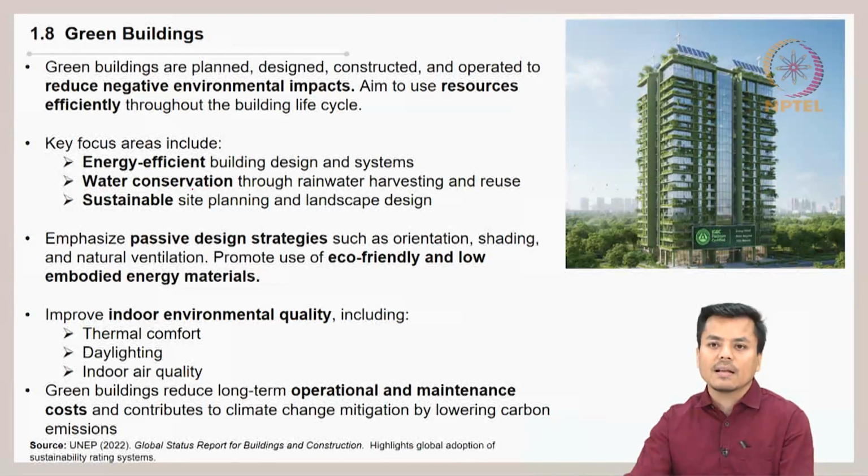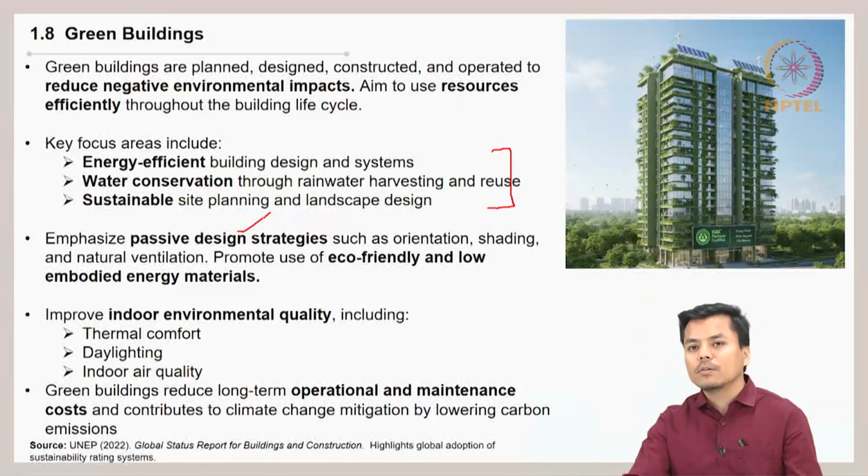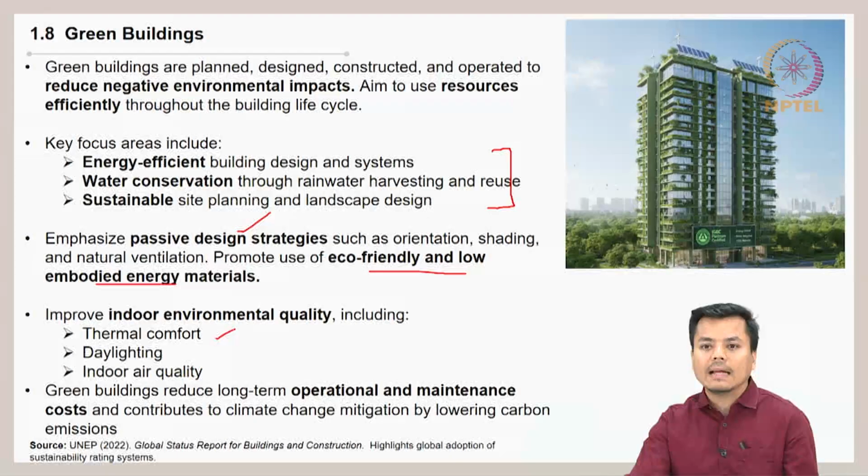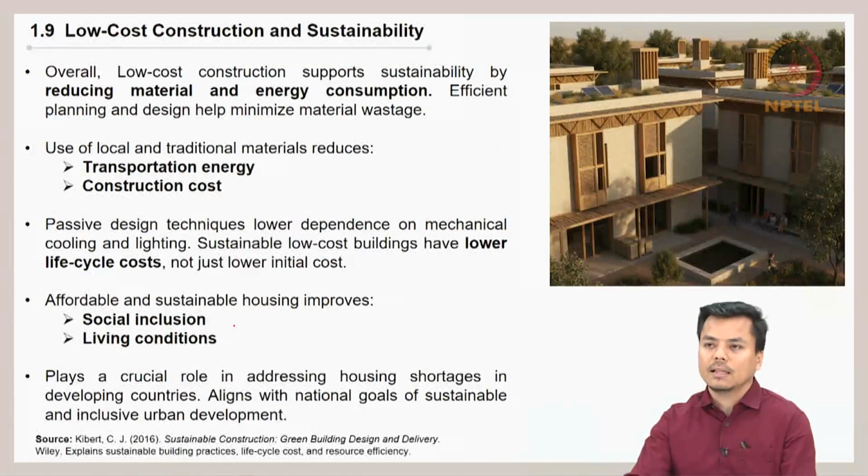Key focus areas include energy efficiency, water conservation and sustainable site planning through landscape design. It emphasizes passive design strategies. I will elaborate more on this in the coming presentation. Also it promotes the use of eco-friendly and low embodied energy materials. Overall, it tries to improve the indoor environment quality, wherein thermal comfort, daylighting and indoor air quality are all enhanced.